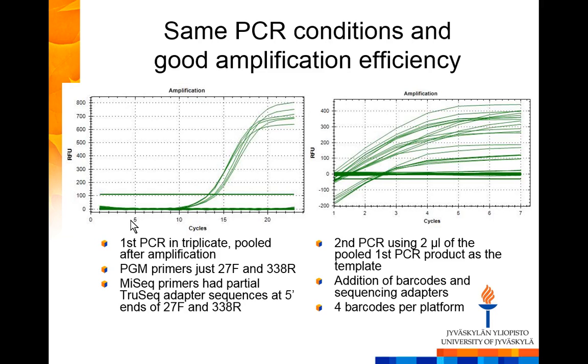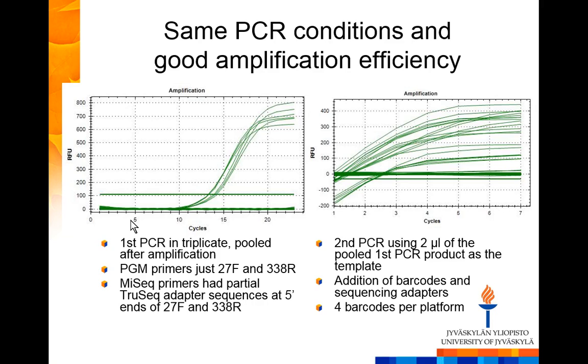So just to make sure that sequencing was really the only difference, I did everything by myself. I used the same amount of template, 5 nanograms per reaction in the first PCR. And I did the first PCR in triplicate, which were then pooled and then divided for the different barcodes in the second PCR. So the first PCR just amplifies the target region.